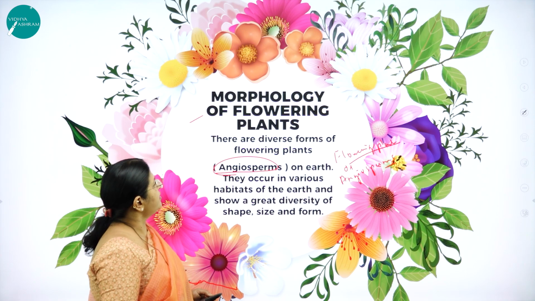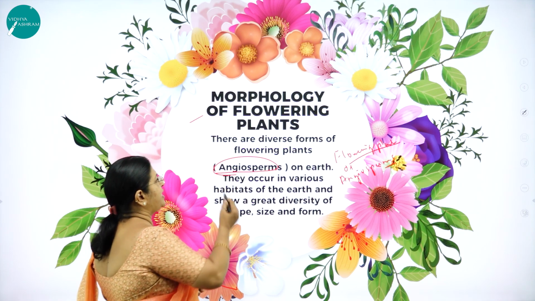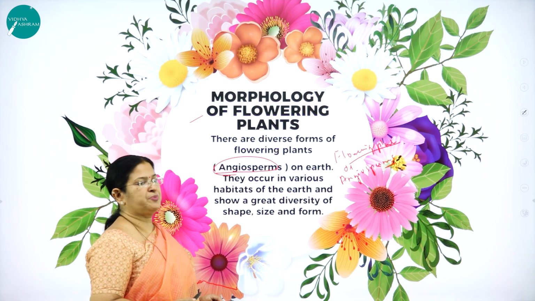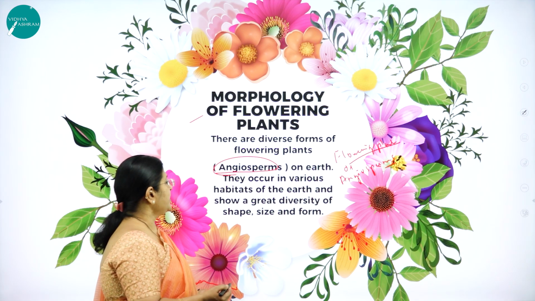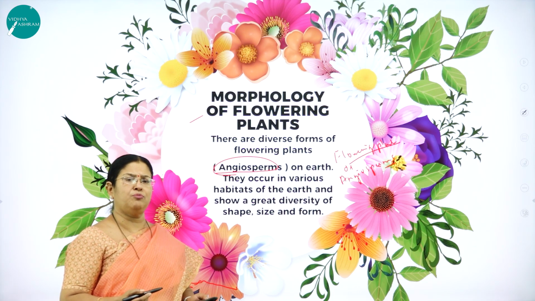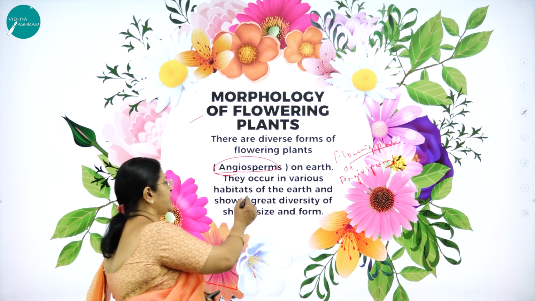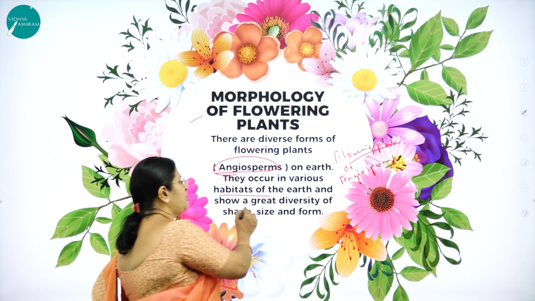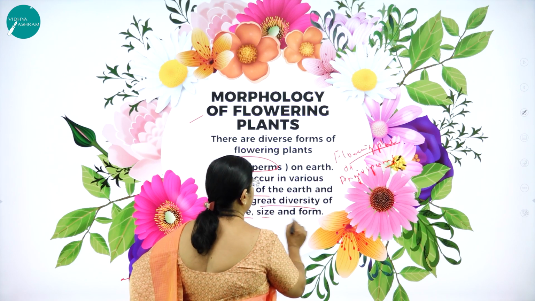Flowering plants, right? So as I said, there are diverse forms of flowering plants, that is angiosperms, on the earth. And as we know, these angiosperms occur in almost all habitats on the earth and show a great diversity of shape, size and form.